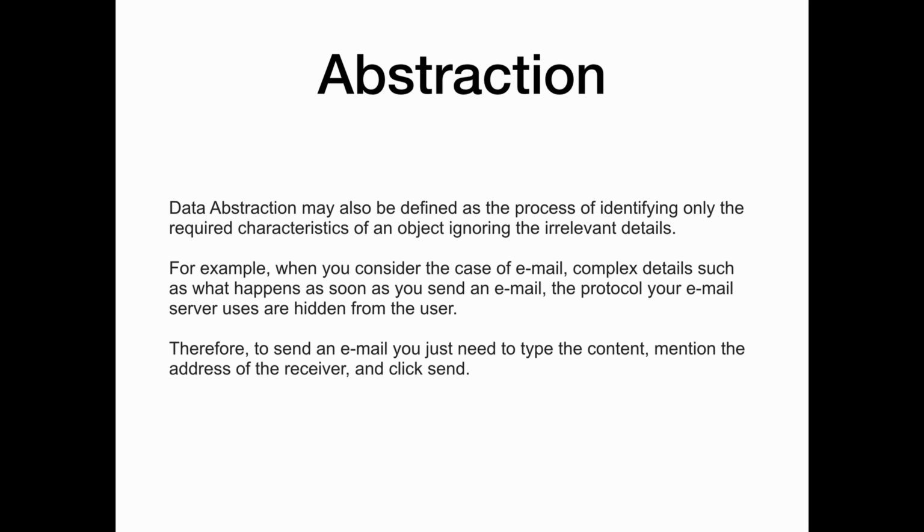Now abstraction. Abstraction is the hiding of unnecessary details from the user. So for example, when you're driving your car and you're pressing the accelerator pedal, you don't need to know what is going on in the engine.